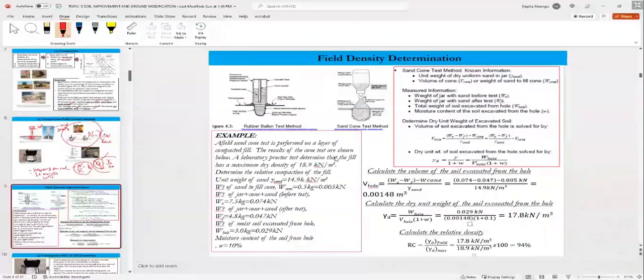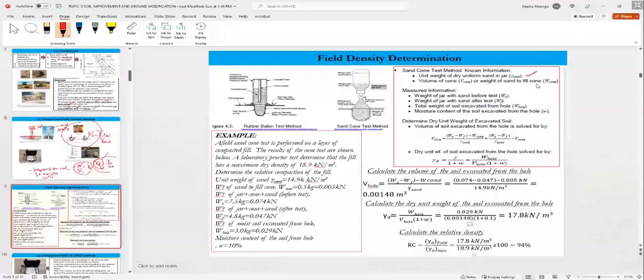So you have the sand, the unit weight of the sand, the volume of the cone to fill, or the weight of the sand to fill the cone.